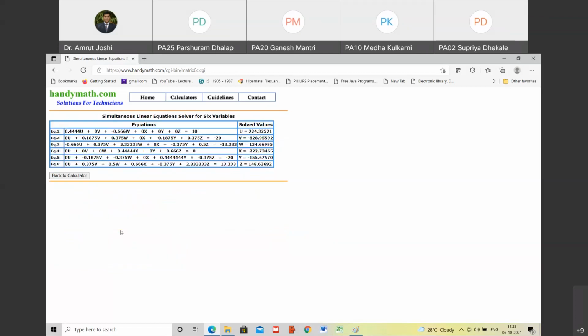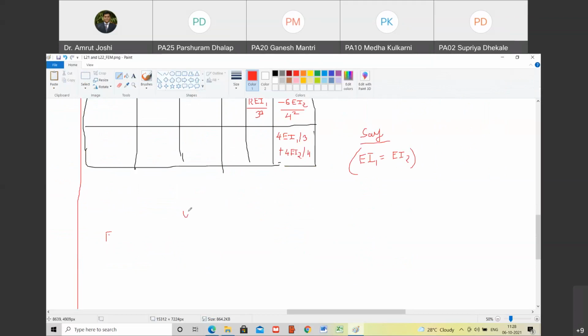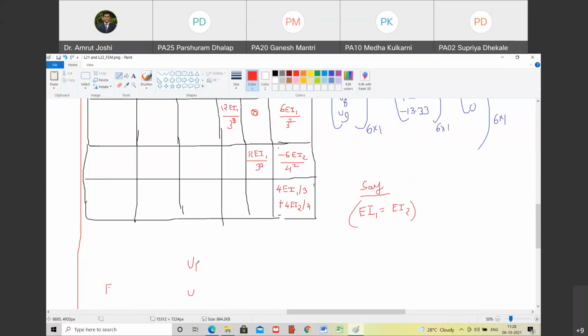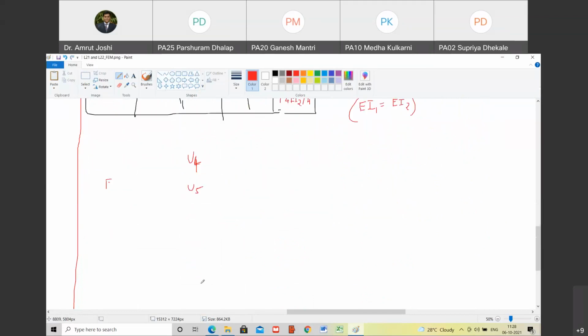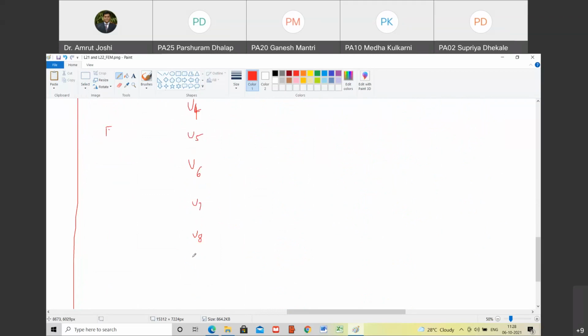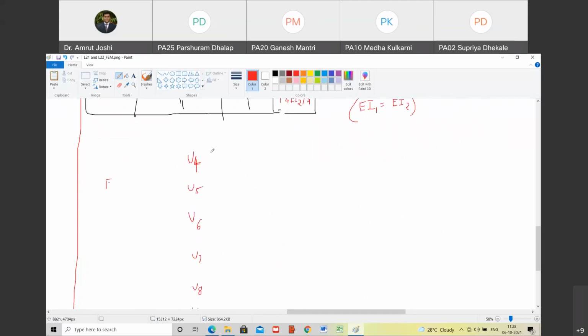So we have got the values. So we are going to write down these values now. What is the value of the first variable, that is U1? So I will write down capital U1. Now U4, we started with U4, U5, U6, U7, U8, and U9, right?